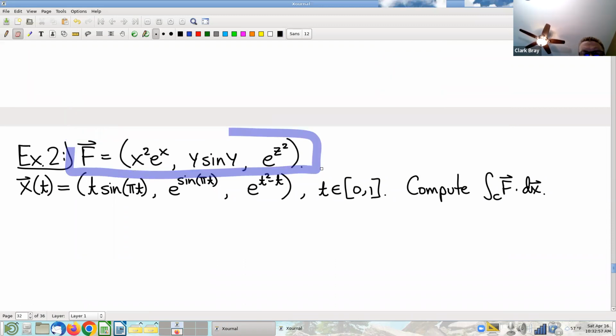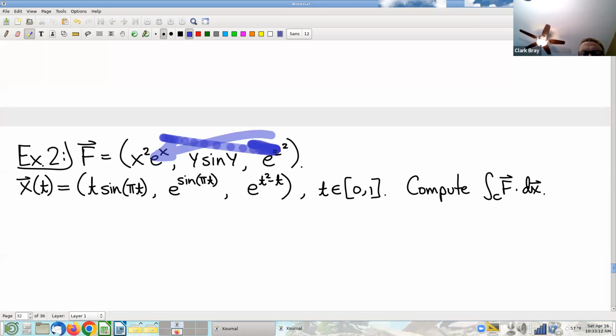There's only x's in here, only y's in there, and only z's in there. In computing the curl, we're always taking what you might call off partials. I'm never going to be taking the x partial of this, only the y partial and the z partial.